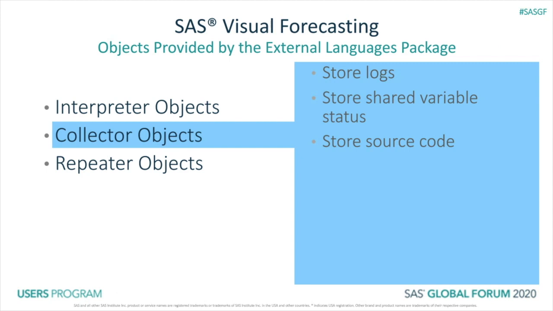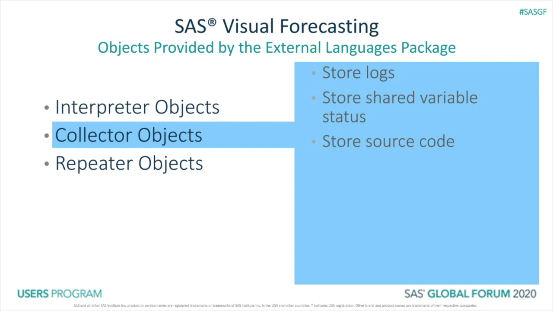So you can store these into CAS tables so that you can look at them later. So for example, if something didn't go right with just a subset of the time series, or if you just want to take a look at a few random ones just to eyeball what went on, you can do that by storing it in the table using this collector object and then looking at it later using whatever modality you use for looking at tables.